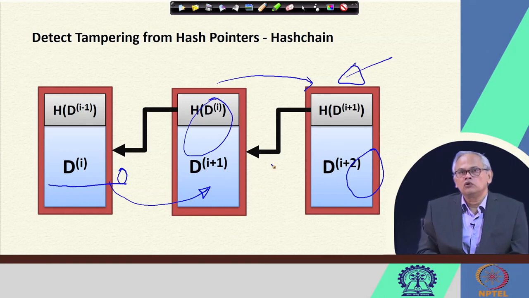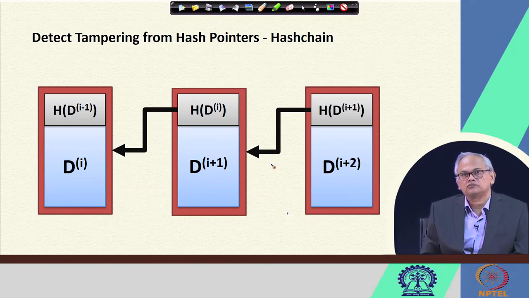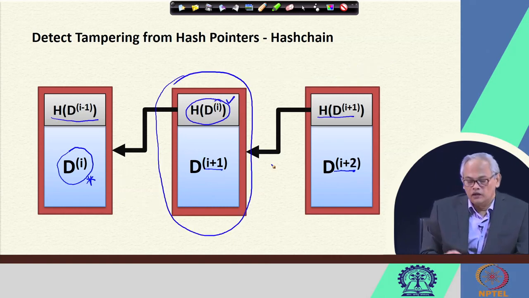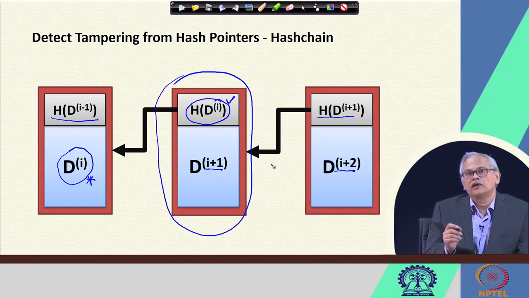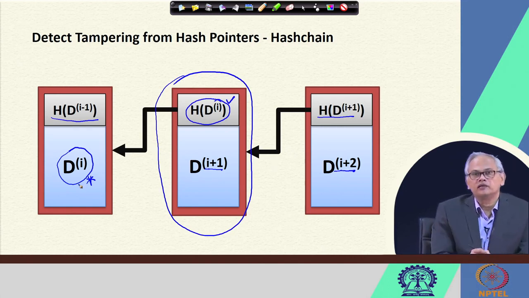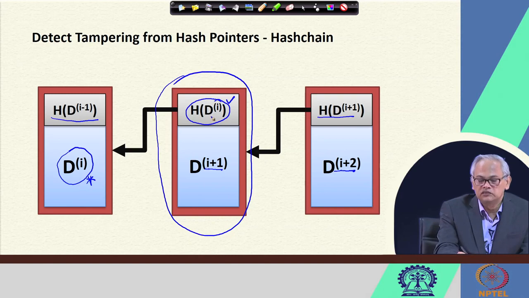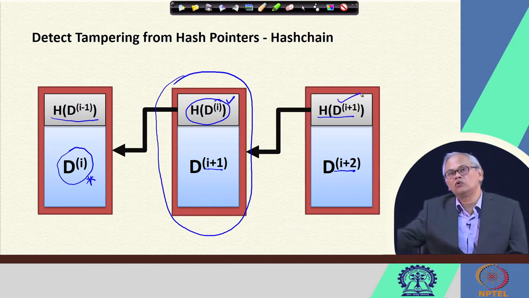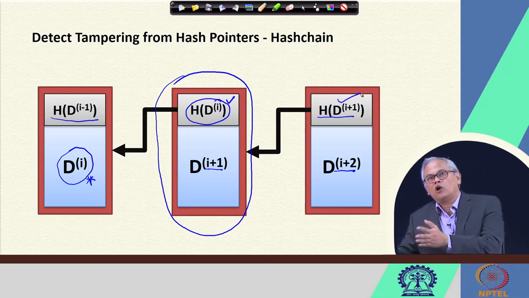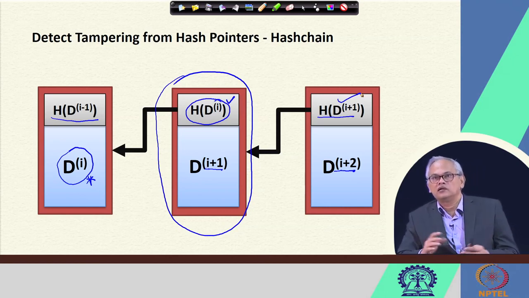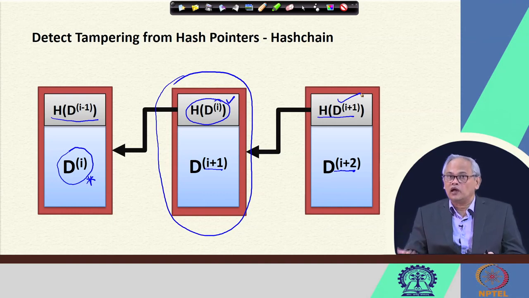That means that for the attacker, in order to get away with the tampering, they not only will have to update this hash, they will also have to update this hash, and if there are more such blocks connected in a chain, all of these will have to be updated.